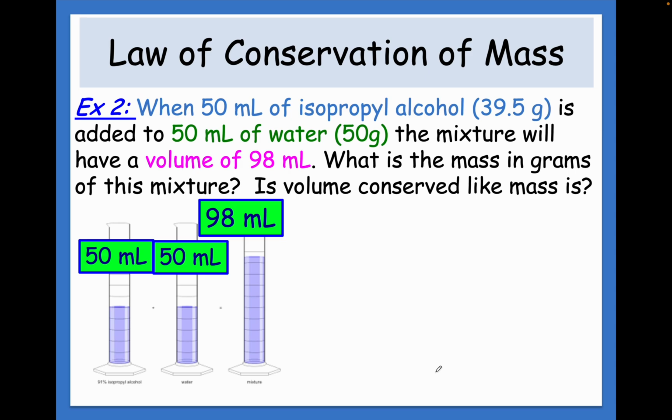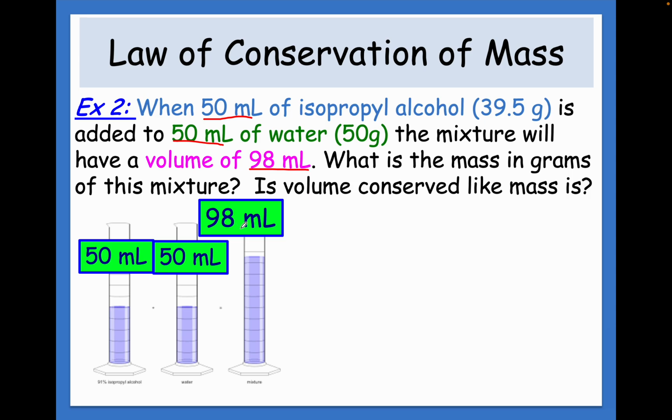Very cool. Now, one last little quirk is that if we add 50 milliliters of isopropyl alcohol and 50 milliliters of water, we add them together and the volume is 98 milliliters. That is quite a little quirk of science, that volume is not conserved. We cannot add 50 milliliters and 50 milliliters and get 100.